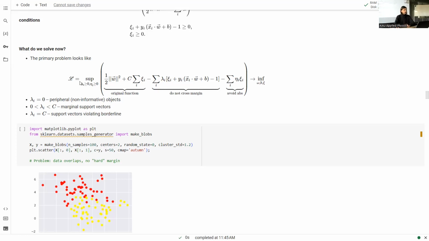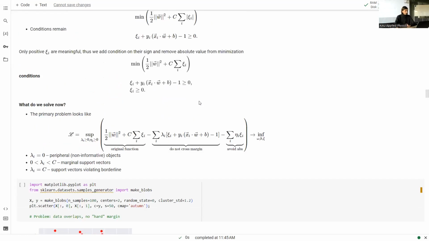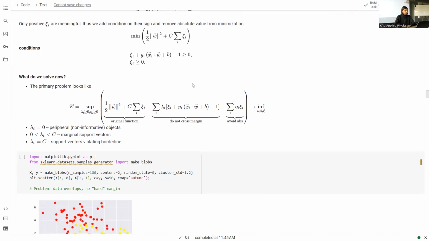So this supremum basically makes our conditions work. So we had a problem. We wanted to minimize something. So for example, here is the expression that we want to minimize. And we had some conditions. So we want these conditions to be fulfilled.